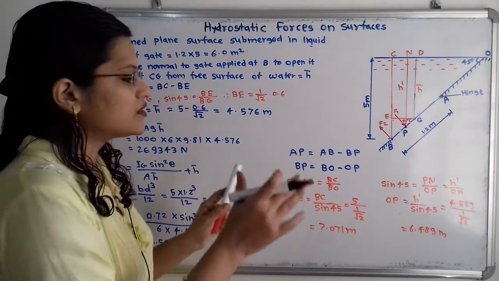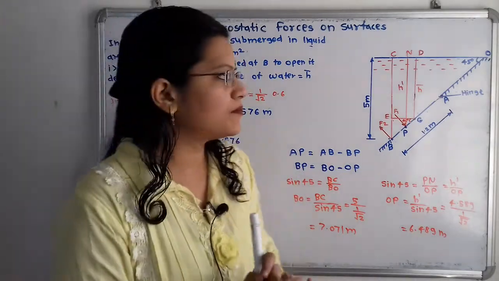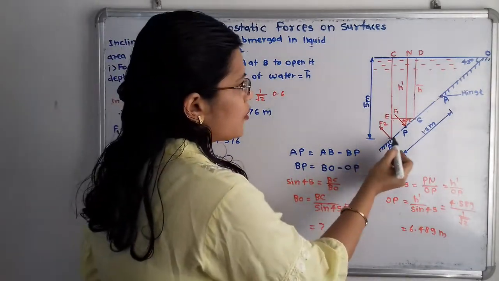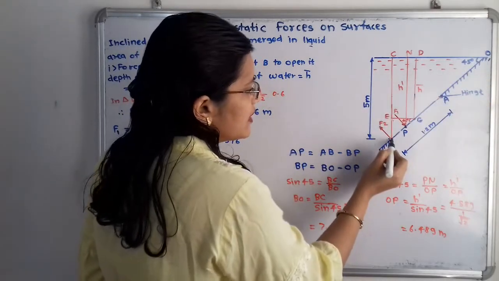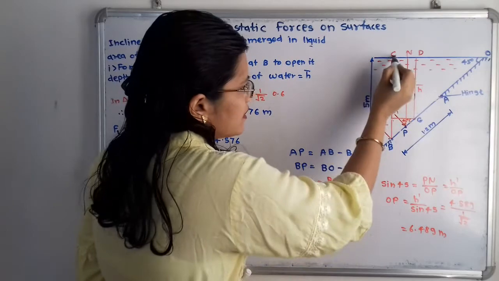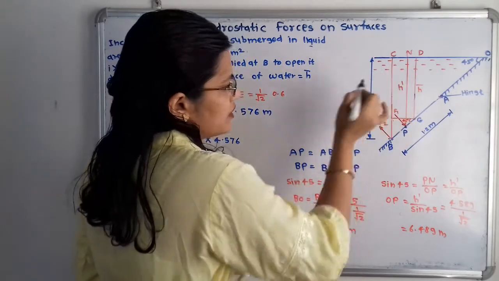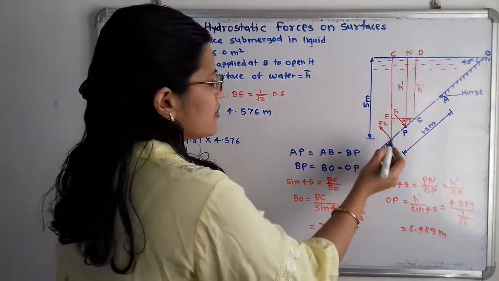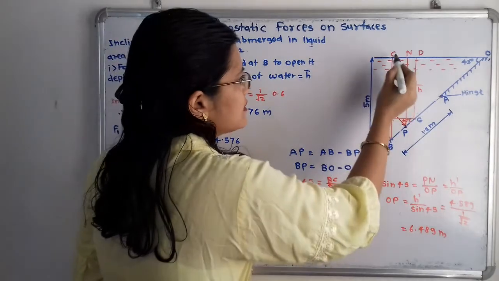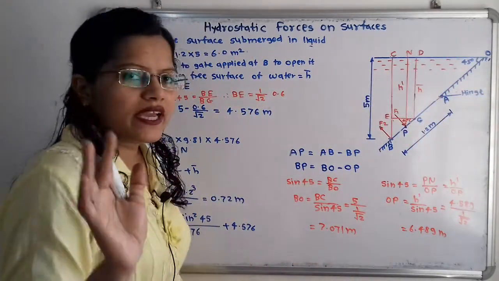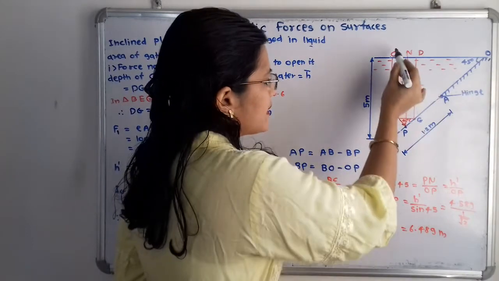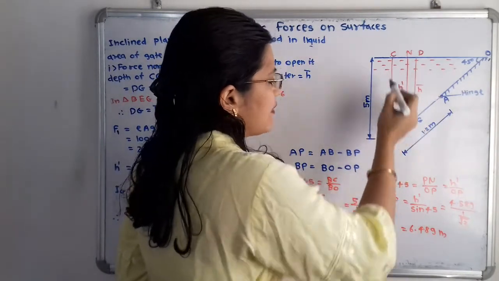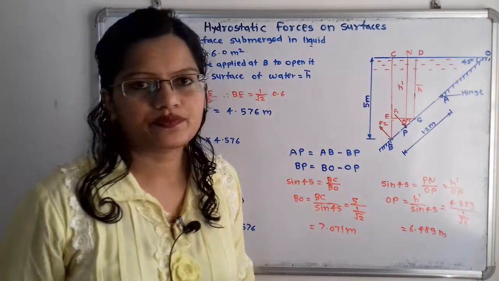So first we will find out what the distance BO is. From this bottom point, this is the inclined line, this is the angle of inclination, and here this vertical distance is also known, that is 5 meter. So if we consider the triangle BCO, then we can easily write sin 45 is equal to BC divided by BO.